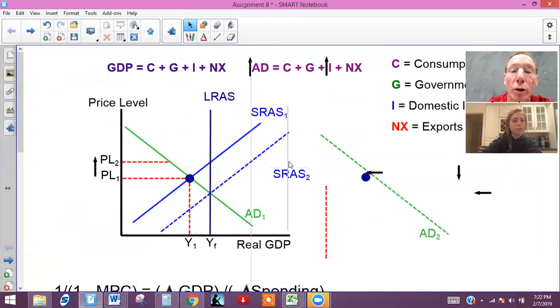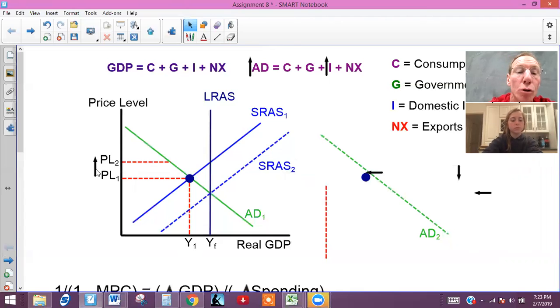Because think about it, when we're operating below potential, if we think of the Phillips curve, this also means that we have a high level of unemployment. So that's going to drive wages down.